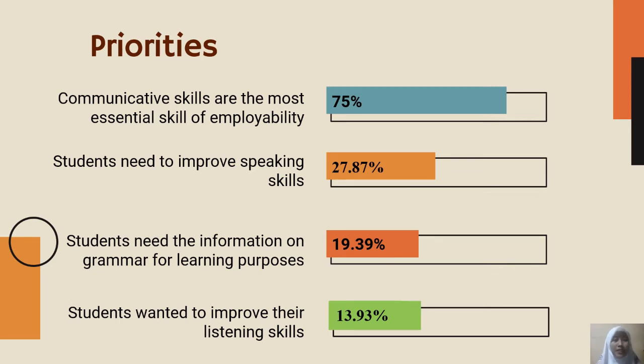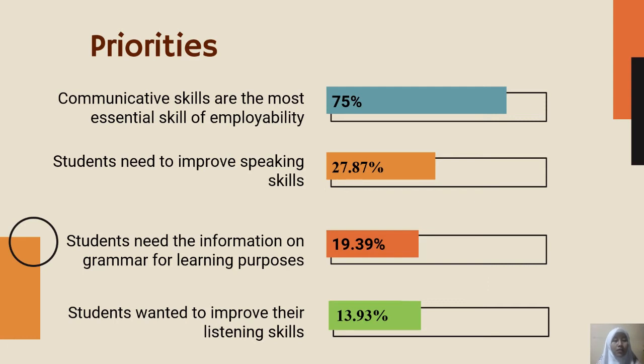Related to the priorities, students give a response that communicative skill of employability skill is the most essential of employability. Related to the communicative skill, some students need to improve their speaking skill in English learning.